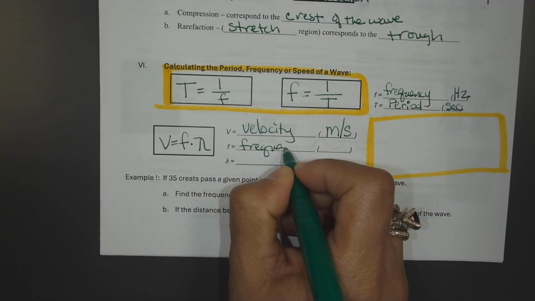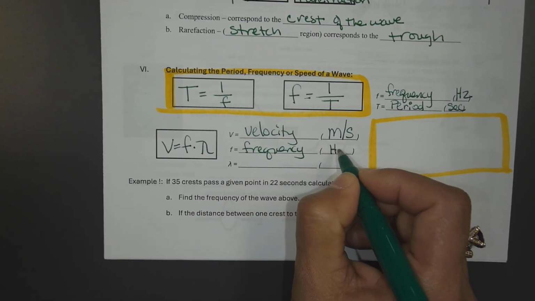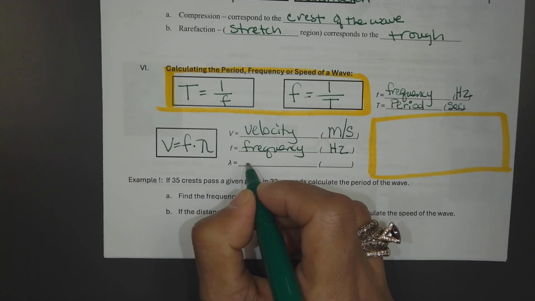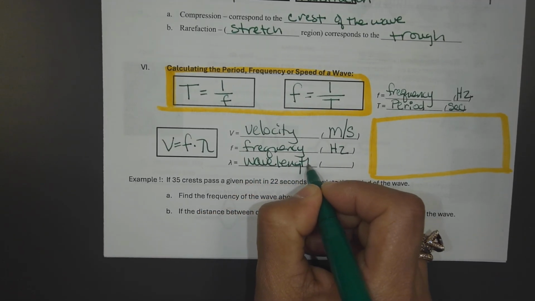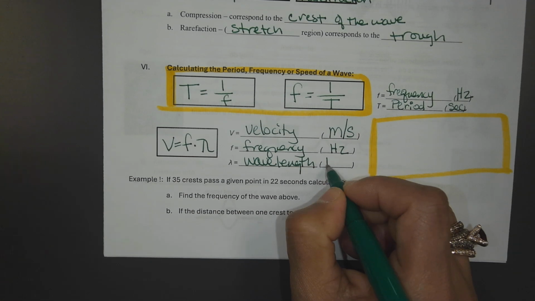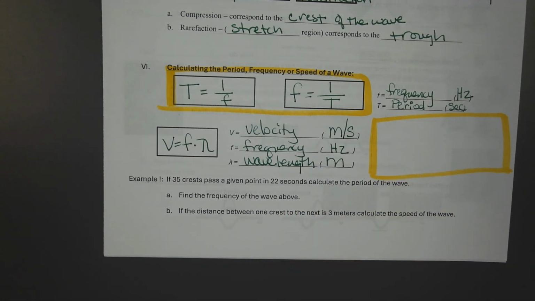Frequency is in hertz. Lambda is wavelength, which is in meters. Again, if your lambda is in centimeters, then your velocity would be centimeters per second. Okay?